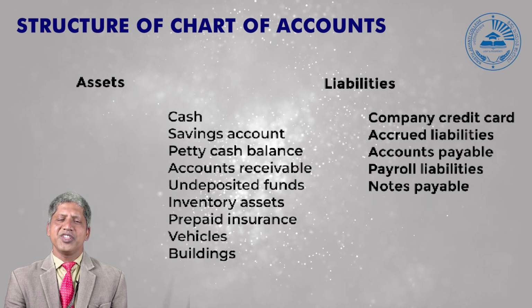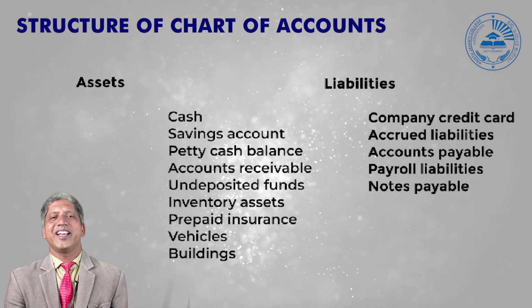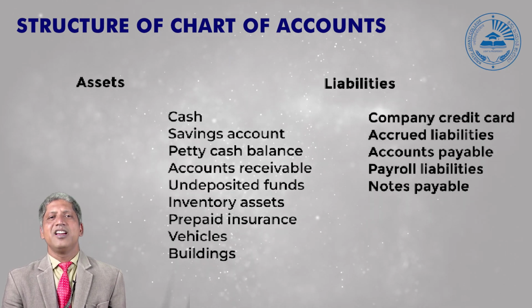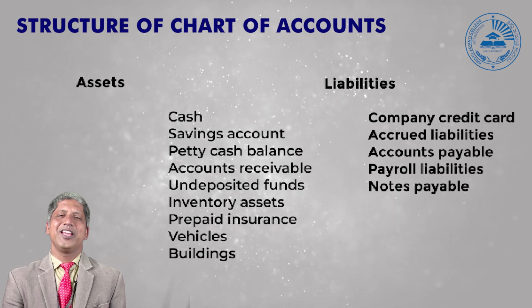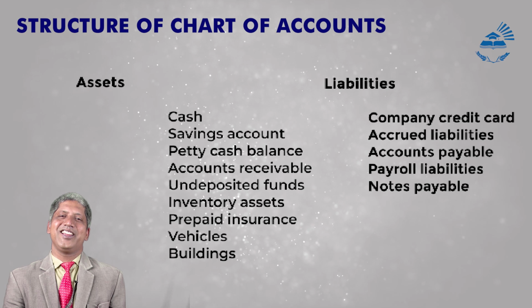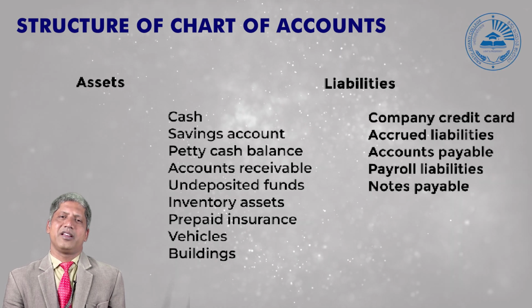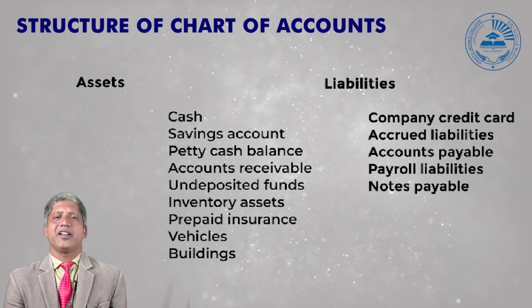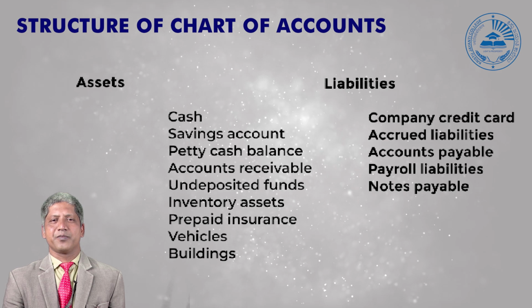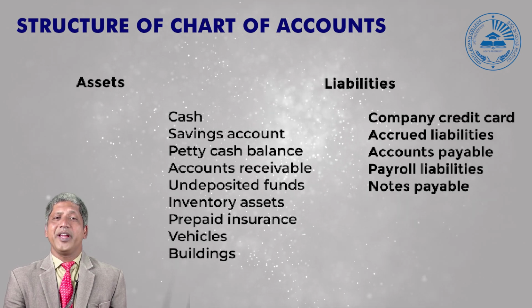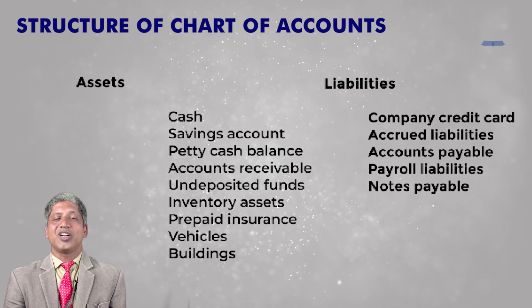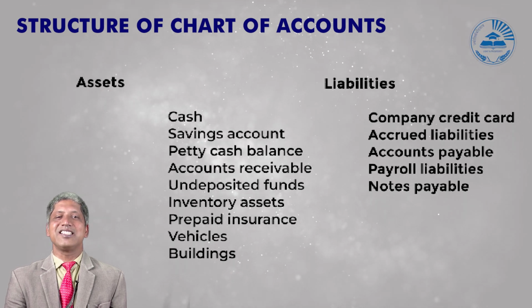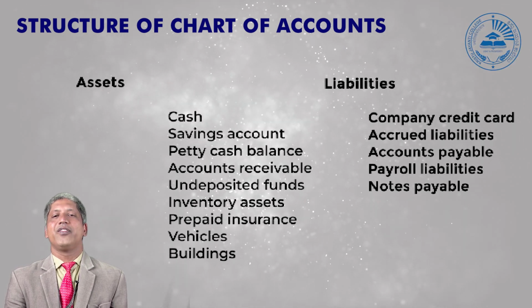For my business I may have one main category and two subcategories. Another business may have 4 main categories and 10 subcategories, or 10 main categories and 2 subcategories. So the main category listing and subcategory listing of the chart of accounts is considered the structure of the chart of accounts.